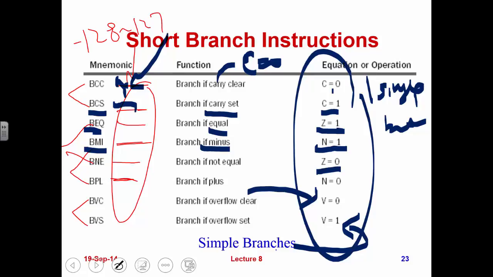BGE is not a simple instruction. If you check BGE after BEQ in the table on page 542, BGE checks both the flag bits N and V. So it's not a simple branch, and it's not shown here; it's shown in the next table.